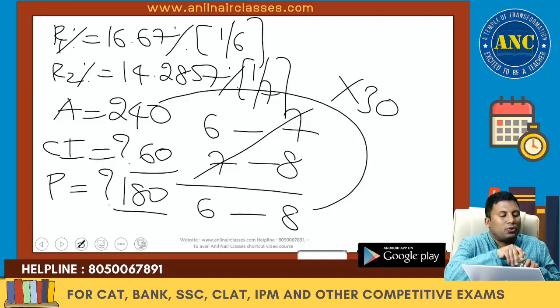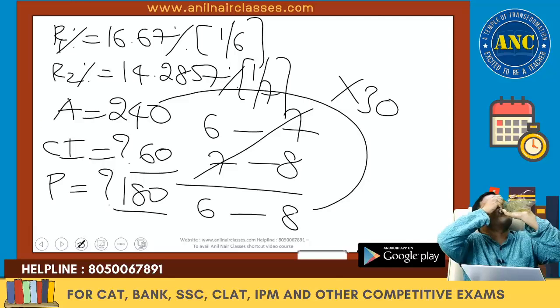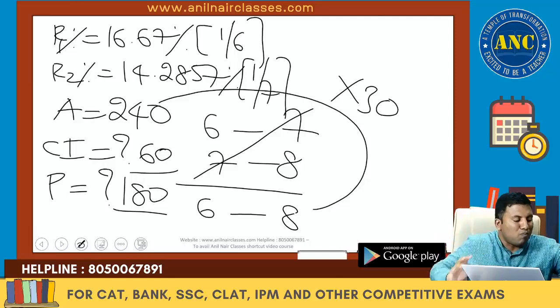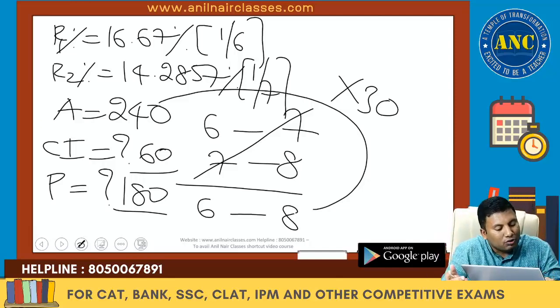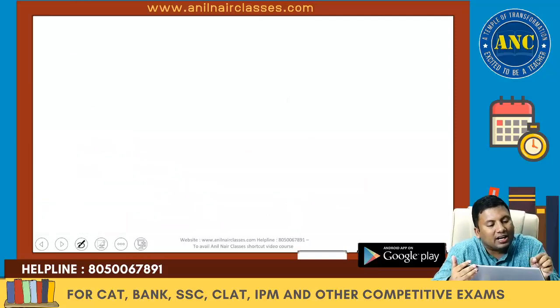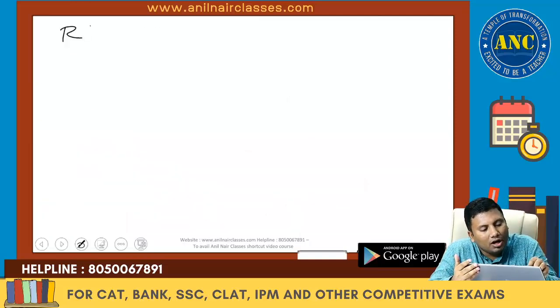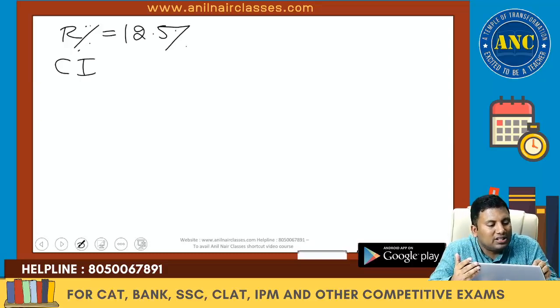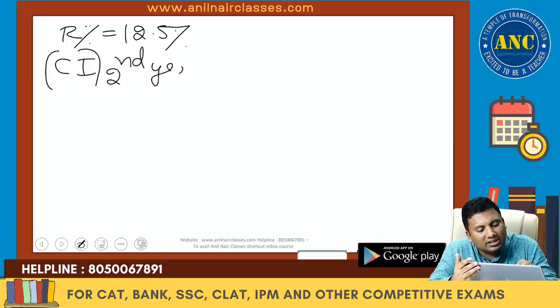Next, suppose the question is like this, thematic based learning. R percentage is 12.5 percentage. Now please tell the answer for this question. Second year is 36.